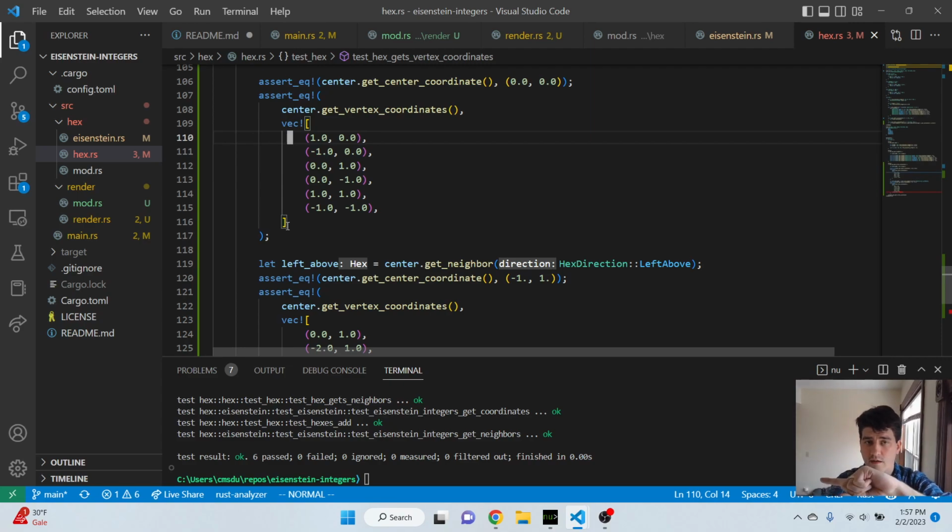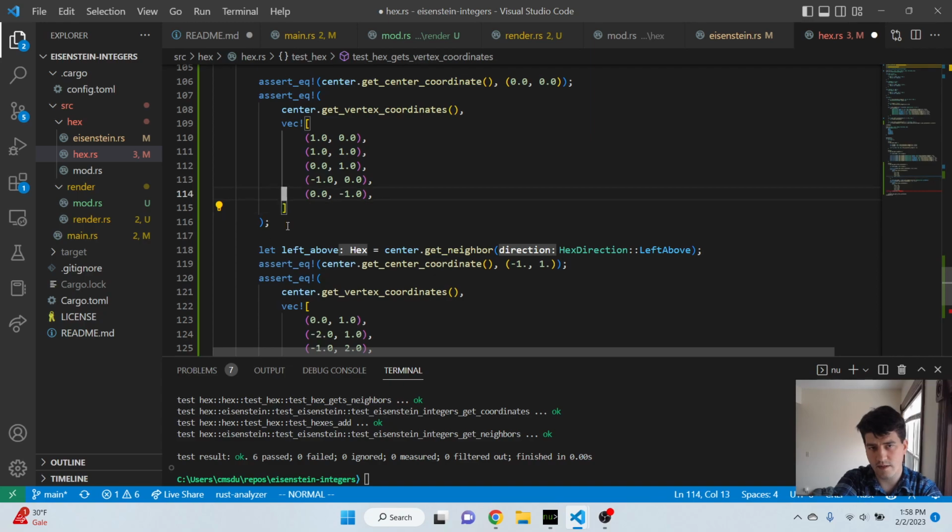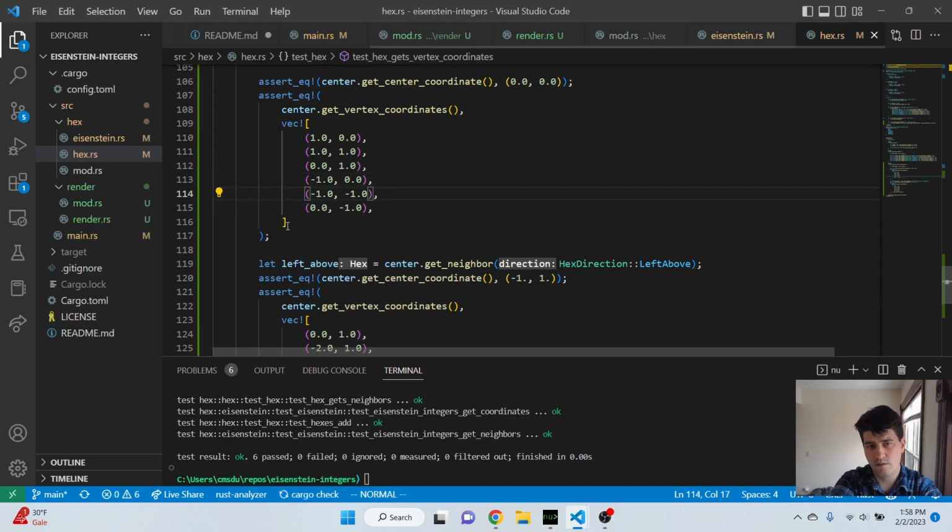So starting to the right is okay. Then we want to go to 1, 1. So we want this. Then we want to go to 0, 1. Then -1, 0. Then -1, -1. We want this.